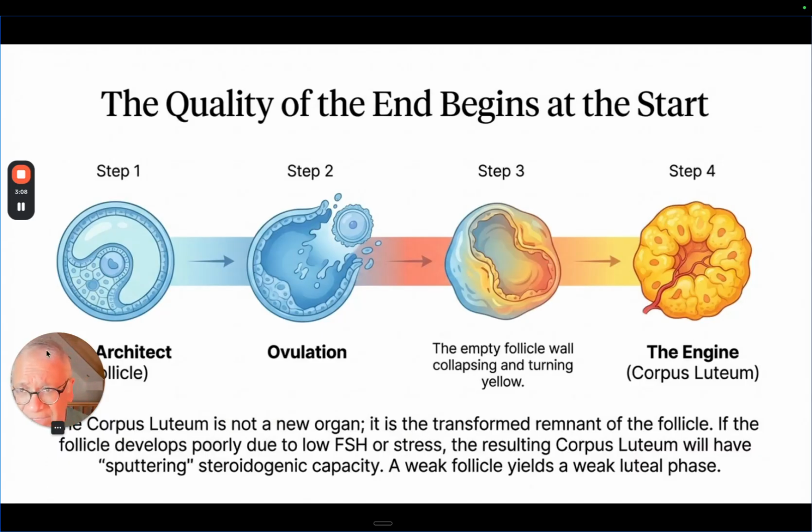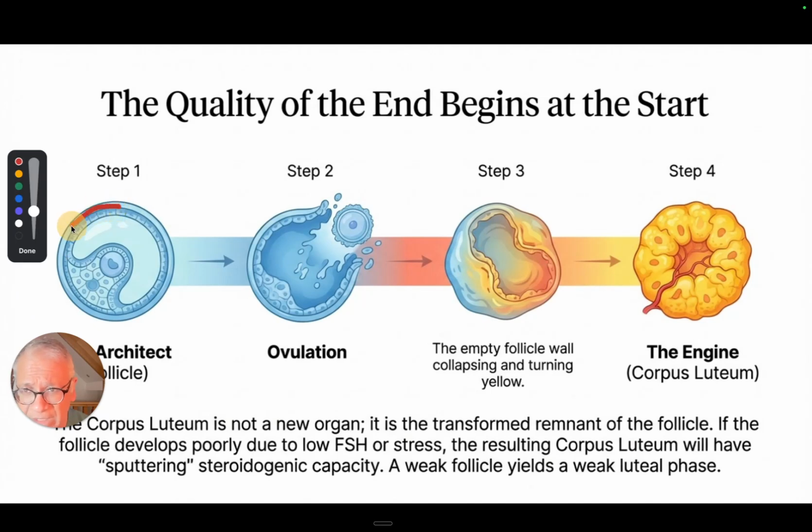The architect is looking at the follicle. It is this follicle which contains an egg, and these cells around it eventually after ovulation will start secreting progesterone. So the egg is released, the empty follicle starts collapsing, and that engine that is formed is called the corpus luteum. This is what secretes progesterone.